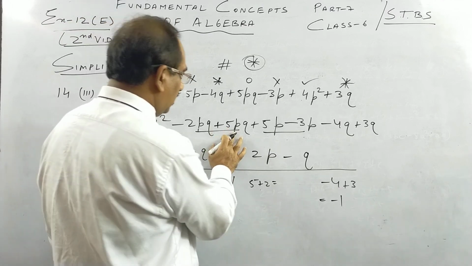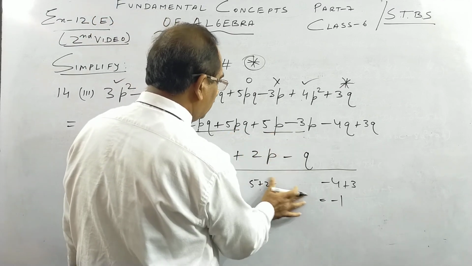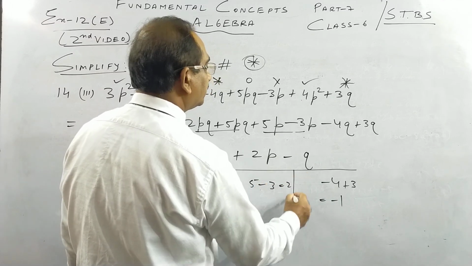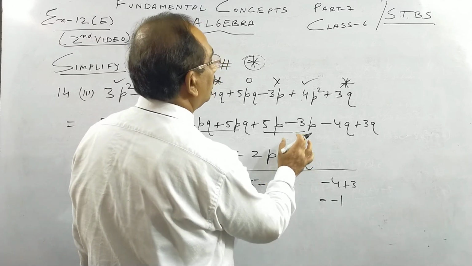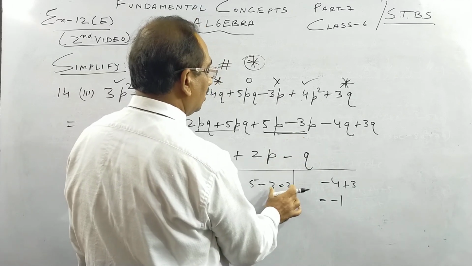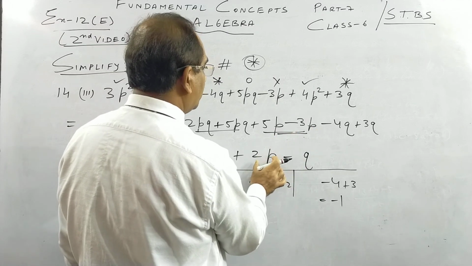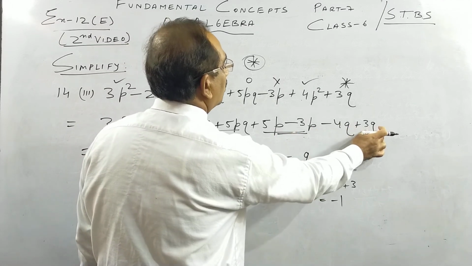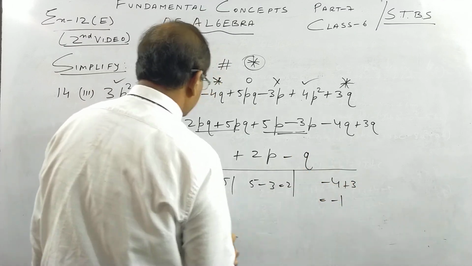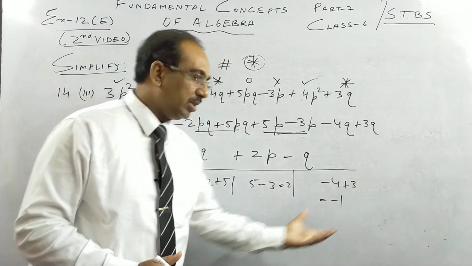Here 5p minus 3p, 5 minus 3 is 2, and you see this is done. Your 5p minus 3p is 2p, and minus 4q plus 3q, minus 4 plus 3 I told you is minus 1. So my answer is right, and this working, children, I could have done there, but I have explained.